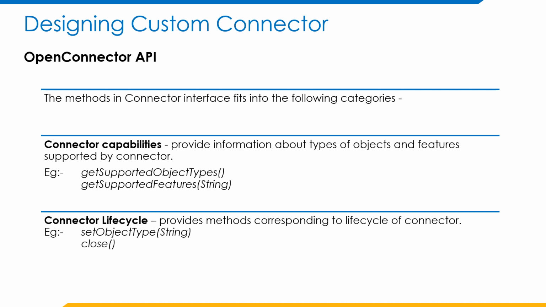Connector capabilities: these provide information about what types of objects a connector can manage and which features are supported for each object type. These are the only methods that do not require a fully configured connector. Example: get supported object types, get supported features, etc.